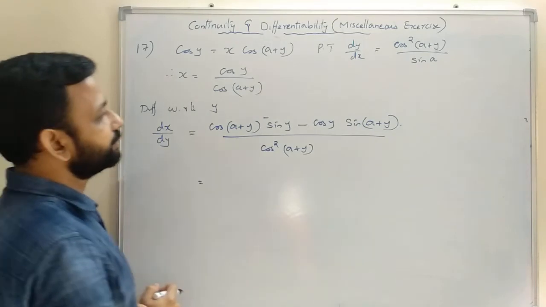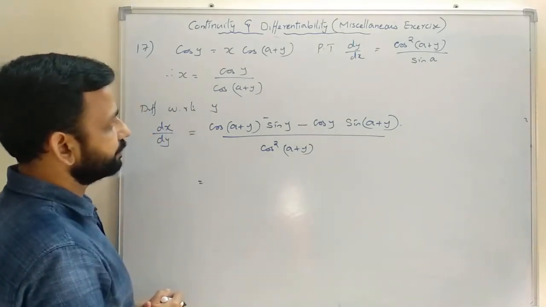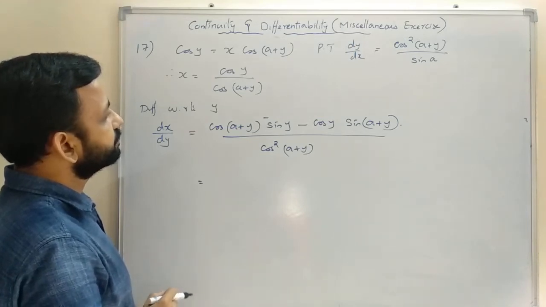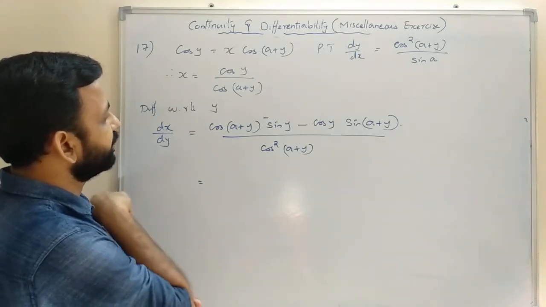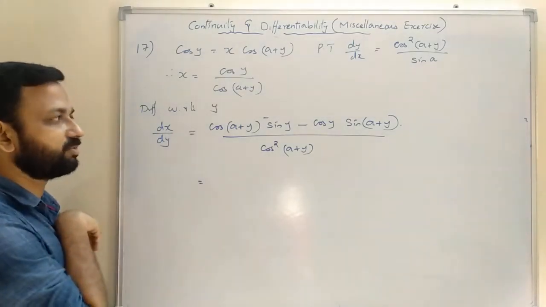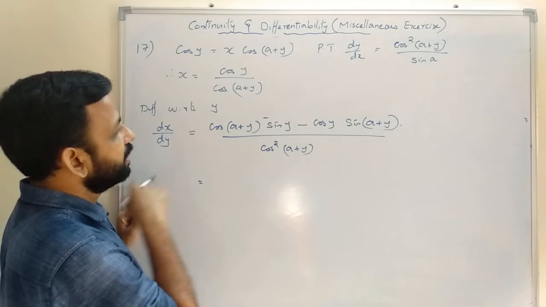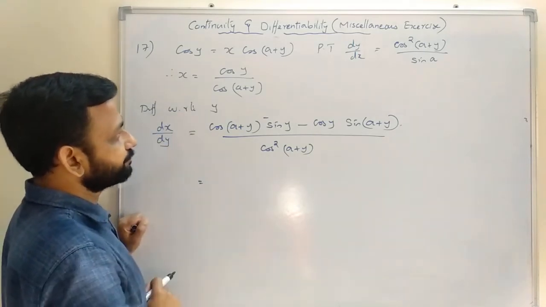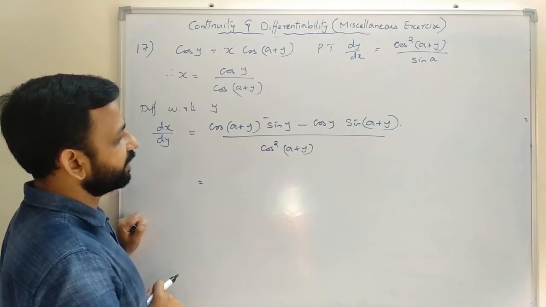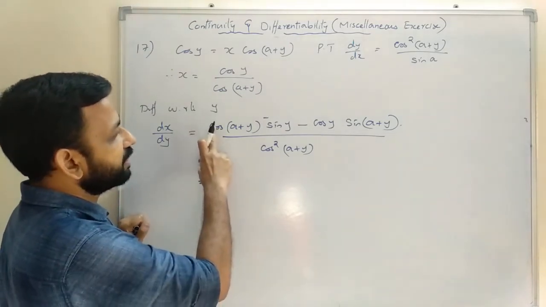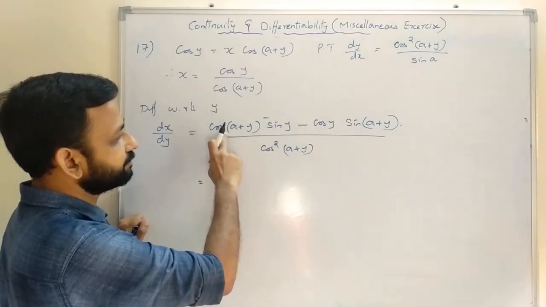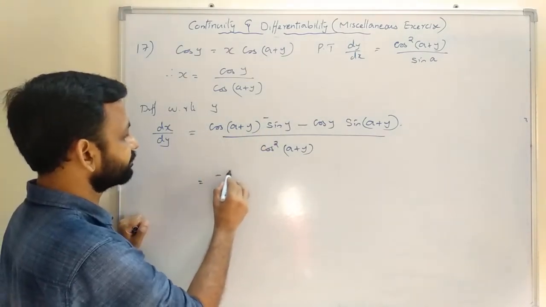Now we have denominator into derivative of numerator minus numerator into derivative of denominator divided by square of the denominator. Now we can write dy by dx. Cos a plus y into sin y, minus sin we can take outside.